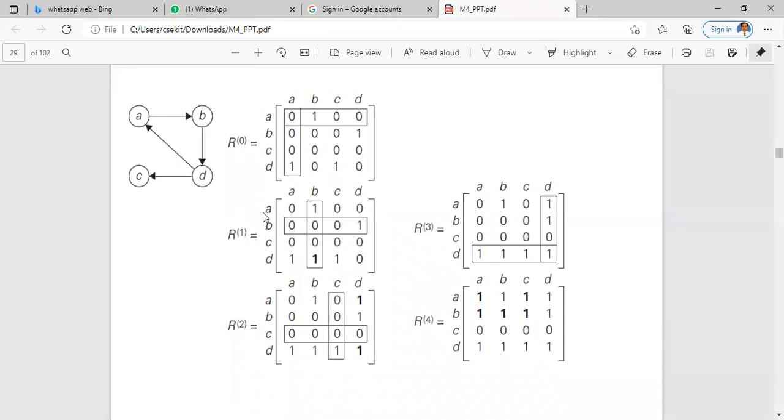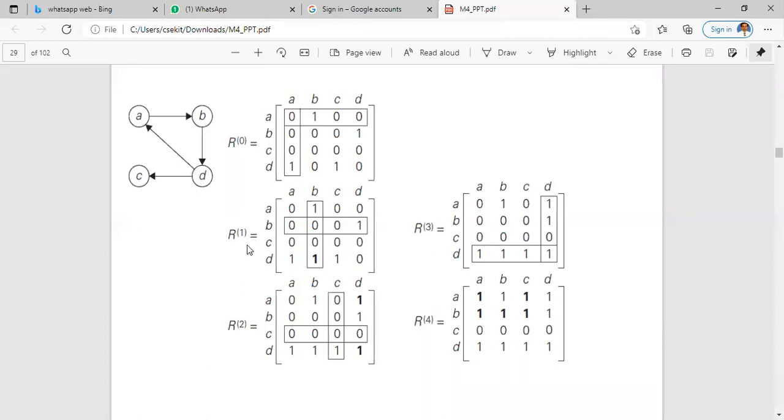Understand carefully: here it is 0, but here you have got the value 1. How did you get this value 1? This is 0 through 0. A to B is 1. B to A you are not taking. This row and this column we call R0.